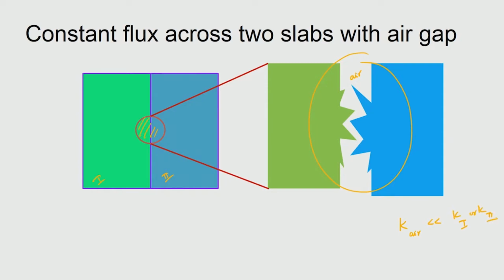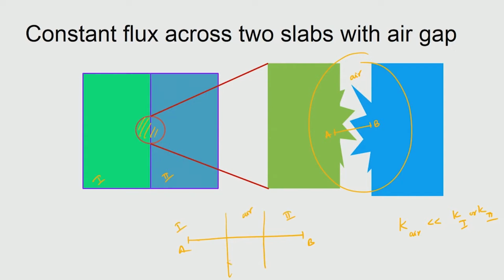So, what this implies is that this gap, now when you try to plot the temperature across a location like AB, what happens is like this. AB. So, if you look at the layer differences, this is the first layer and this is the second layer, this is the air gap.